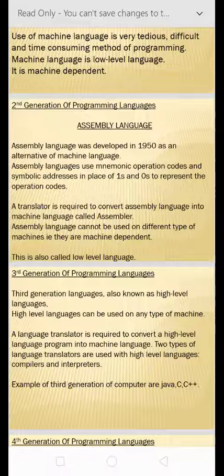It was easy to develop, understand, and modify the programs developed in these languages as compared to the first generation programming language. They use the concept of mnemonics for writing the program rather than zeros and ones. The programs written in these languages were less prone to errors and therefore can be maintained better.